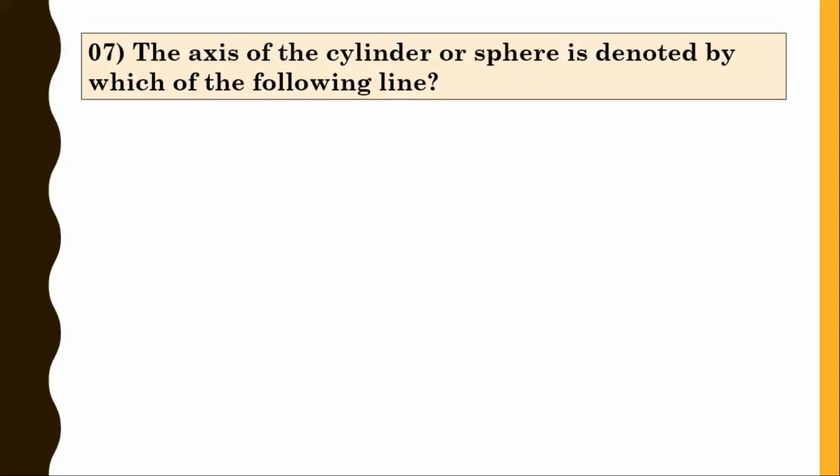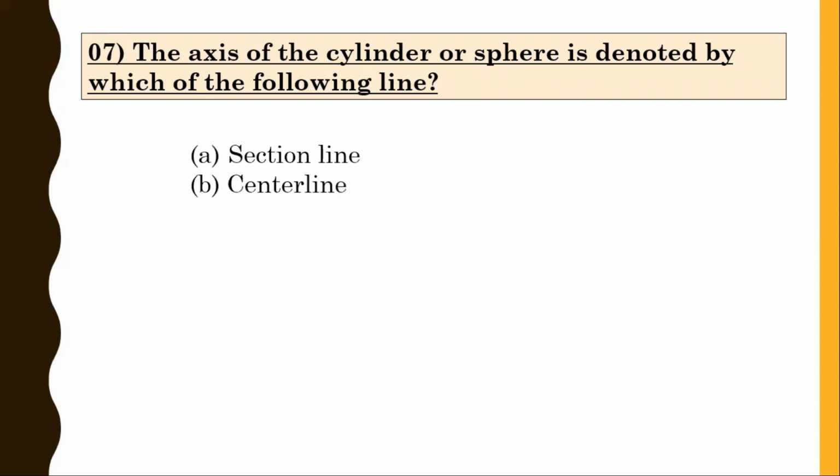Next MCQ. The axis of cylinder or sphere is denoted by which of the following lines? Options are A section line, B center line, C hidden line, D leader line. Let's see the figure.